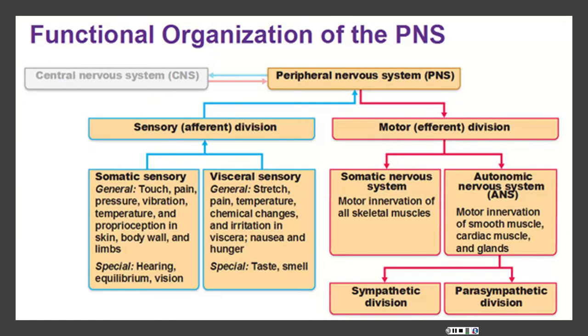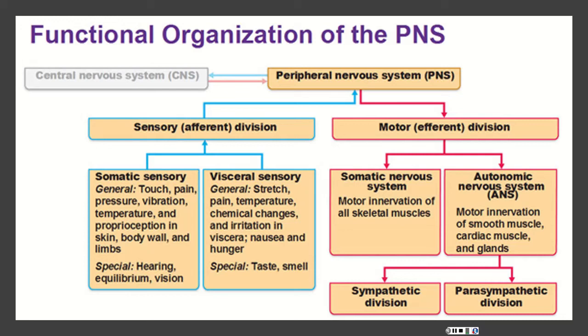Now, we briefly touched on something about this back in the very beginning of the semester, but let's really dive into it now and apply it specifically to the nervous system. The nervous system has a lot of different categories, a lot of different organizational regions.